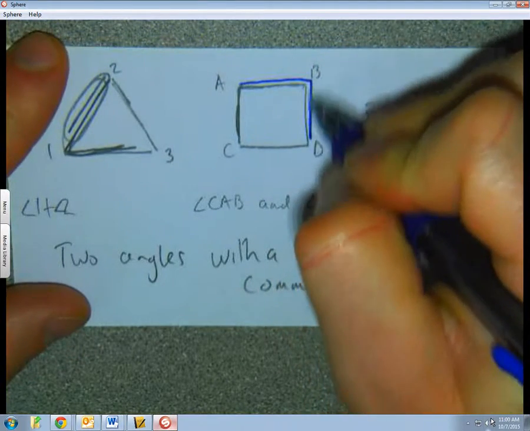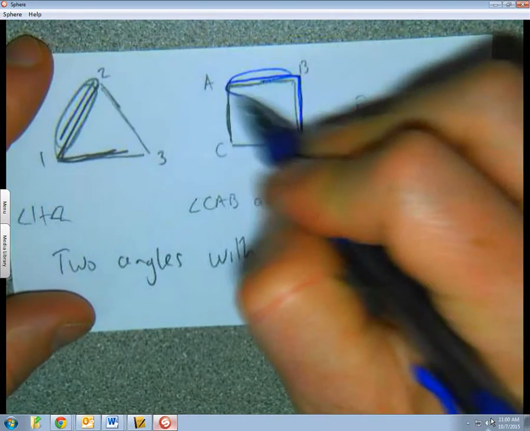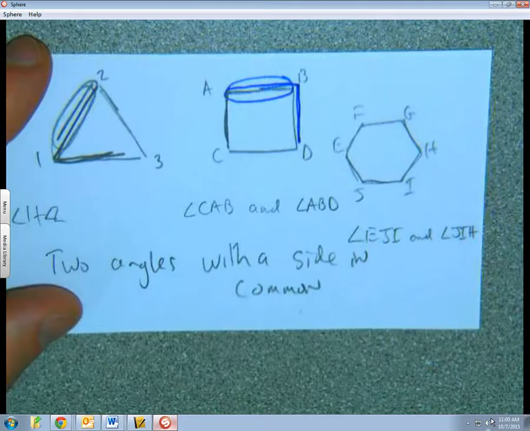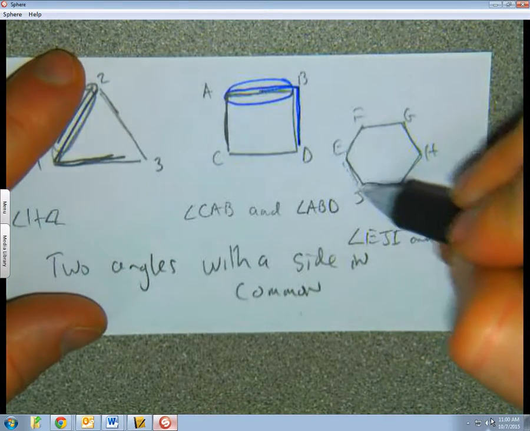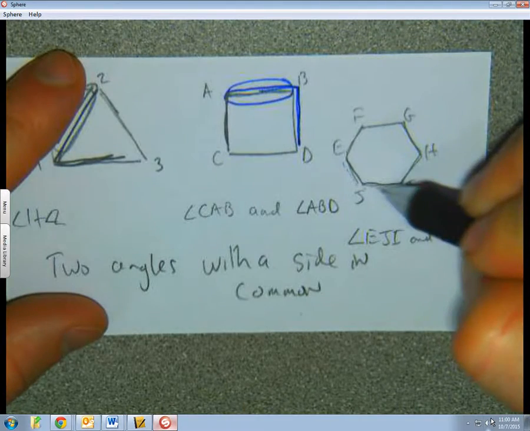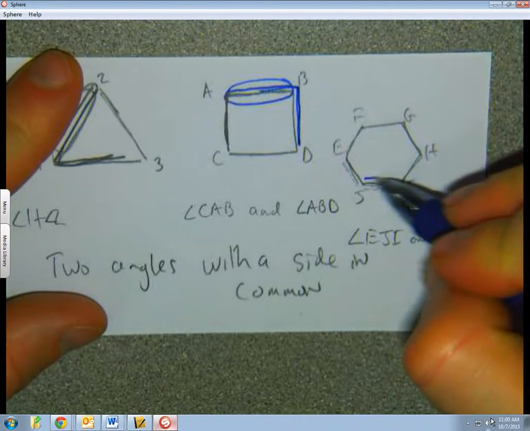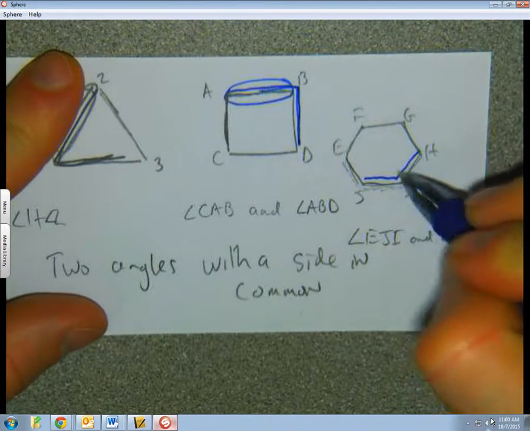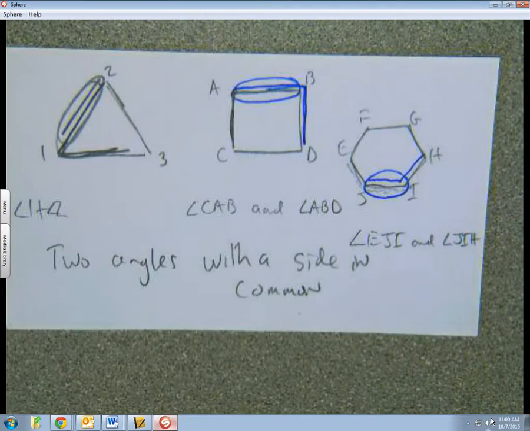So the side that they share is right here. I'll get really creative. EJI, I'll go ahead and put a dash. EJI is right there, and then JIH is right here. And you can see where they overlap would be right there. So if they have a side in common, they are consecutive, right next to each other. Consecutive numbers are 1 and 2.